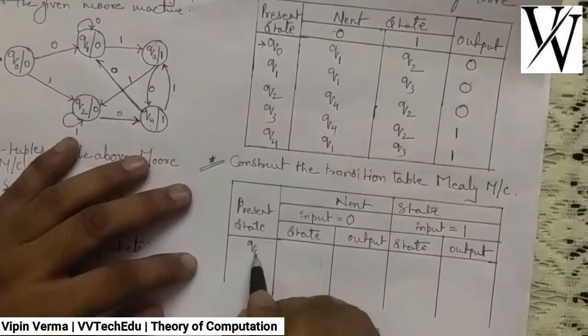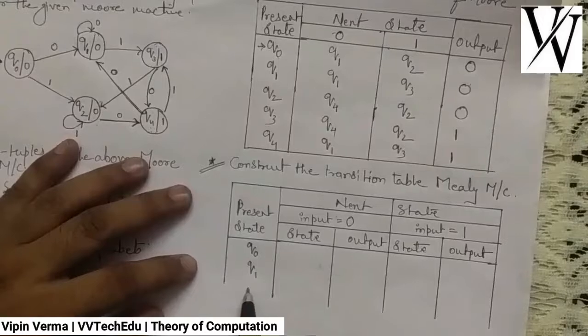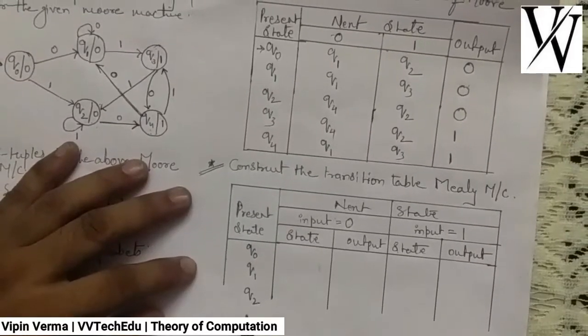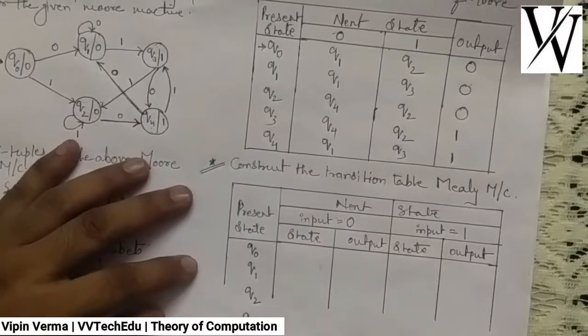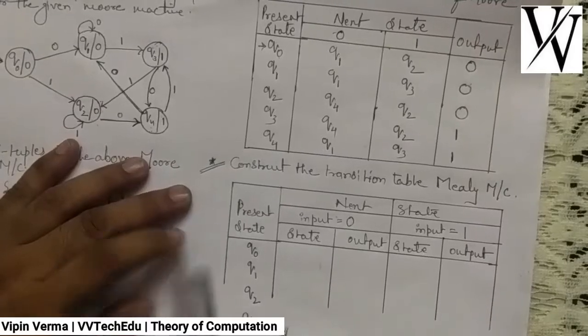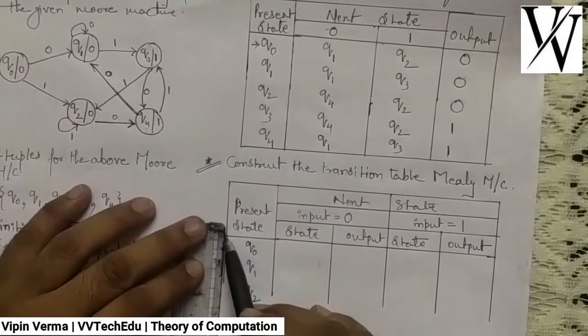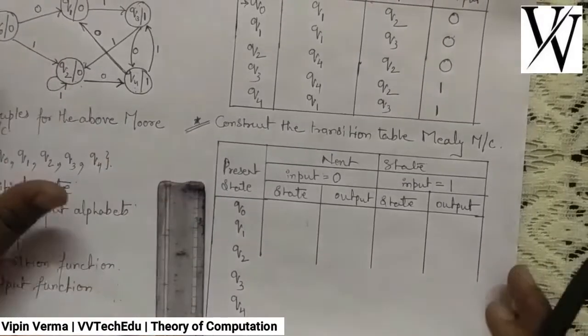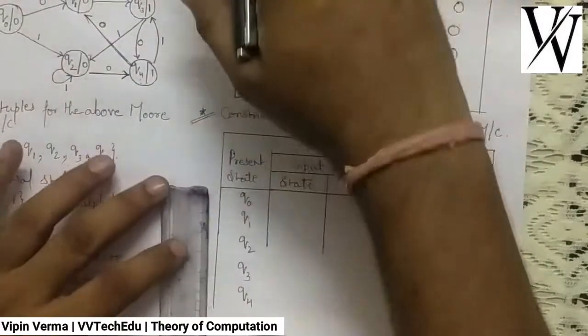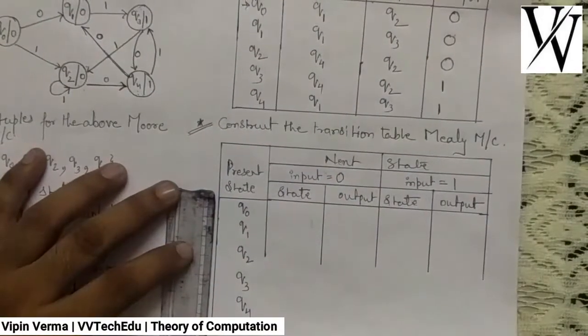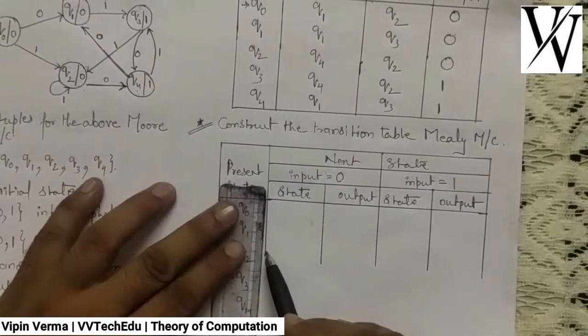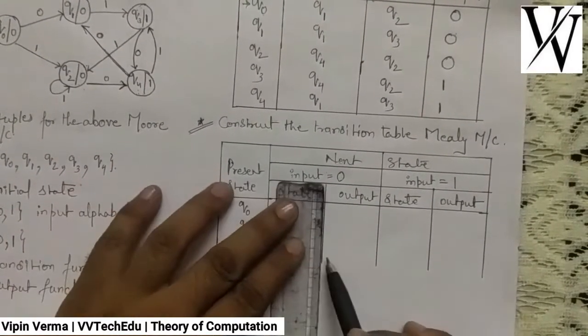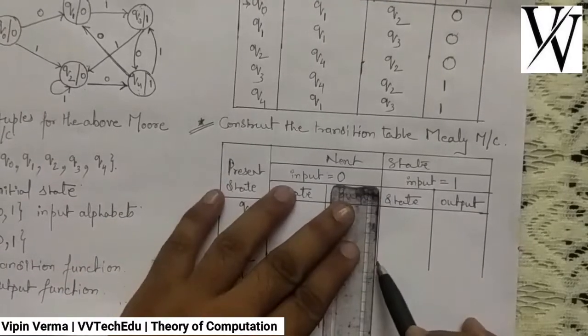Now we have these states as Q0, Q1, Q2, Q3, Q4. So these are the possible states we have, the possible number of states for the required Mealy machine.